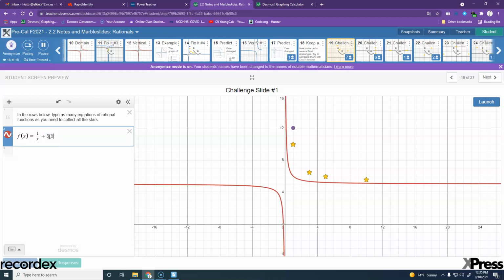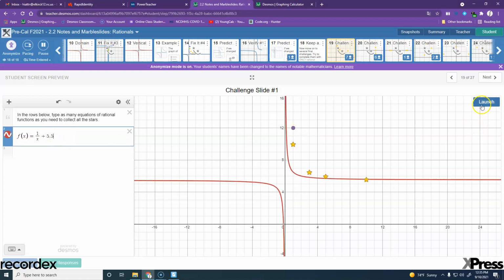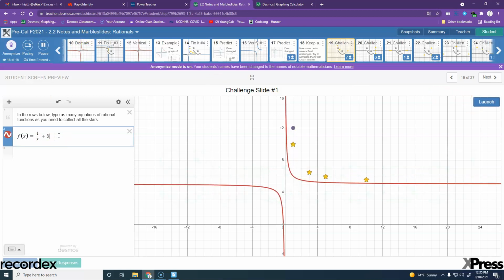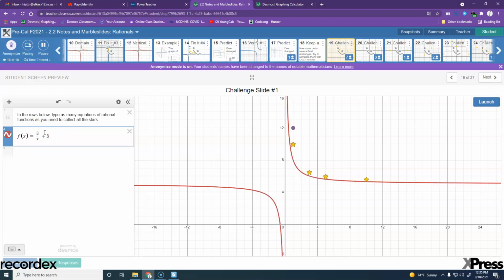So try 5.5. Let's see if this will work. That'll get it right there. Or another thing I could have done, if I change that 1 to maybe like a 3, it's going to change how steep the curve is because it's a vertical stretch there, and I think that would probably also get it. So there could be several different ways that you get the stars to go away for those problems.